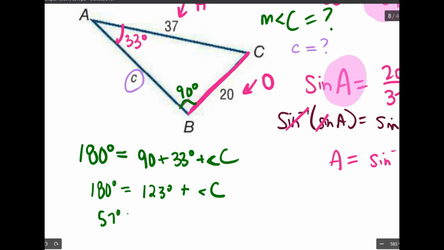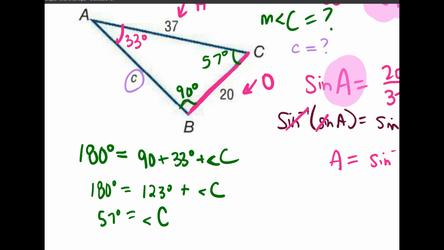You get 57 degrees is angle C. So this is 57 degrees. So we used our geometry knowledge that the angles in a triangle add up to 180 degrees.